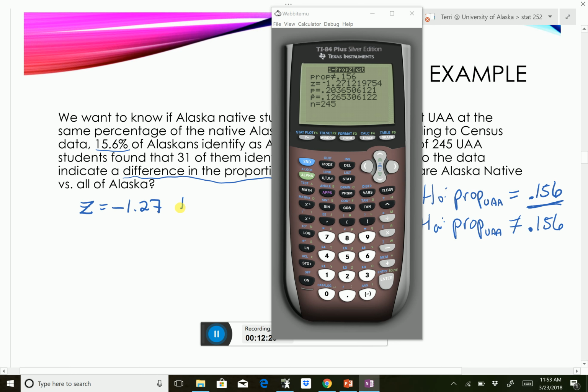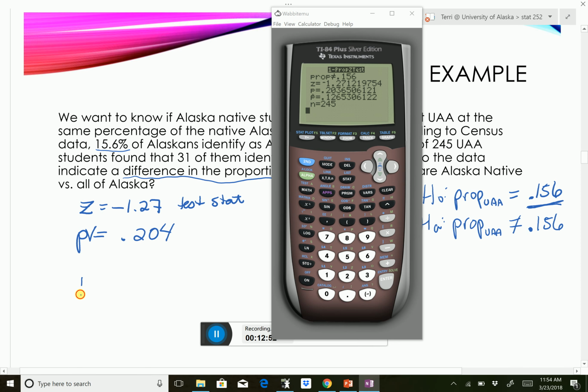I always want to report my test statistic, because remember what that tells me: how many standard deviations away from the mean I am. So this is 1.27 standard deviations away from the mean. And it's giving me a p-value of 0.204. I like to write PV just so I don't get all the p's mixed up.